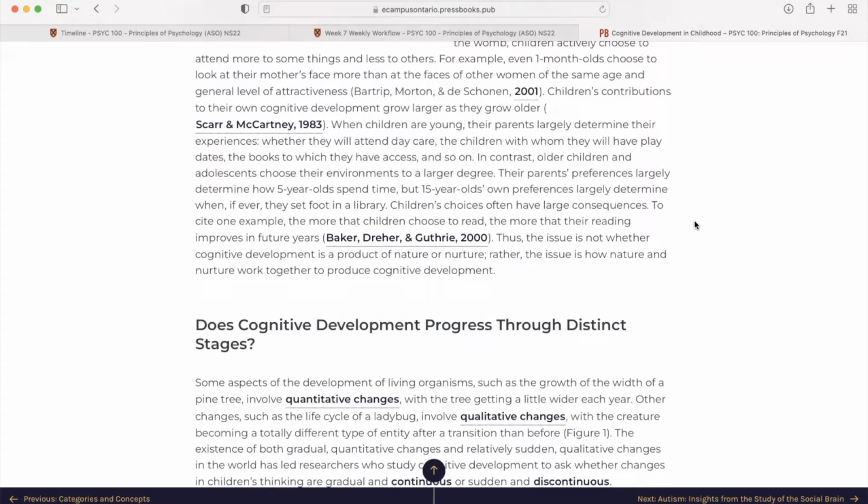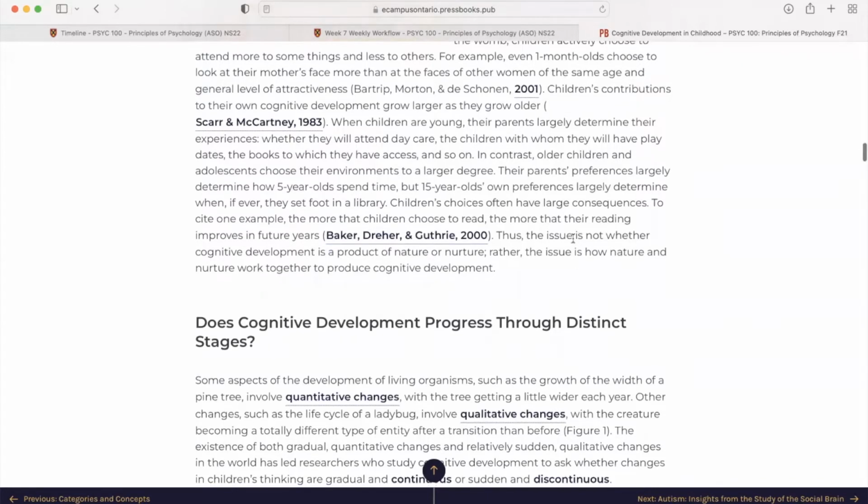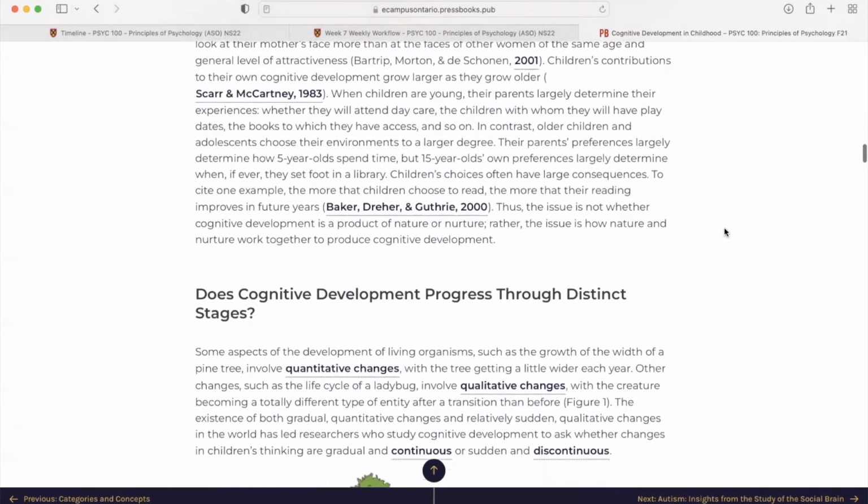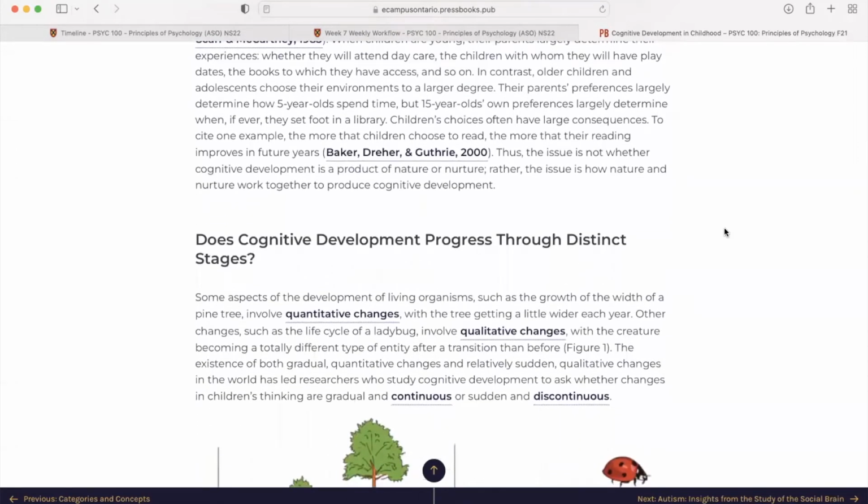Children's choices often have large consequences. To cite one example, the more that children choose to read, the more that their reading improves in future years. Thus, the issue is not whether cognitive development is a product of nature or nurture; rather, the issue is how nature and nurture work together to produce cognitive development.